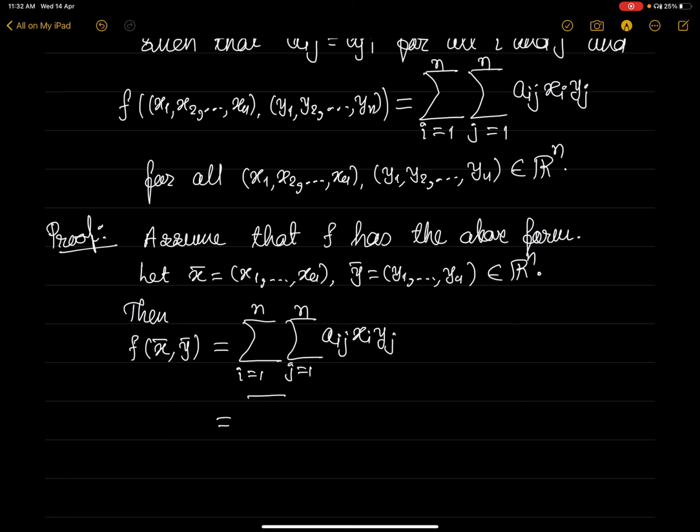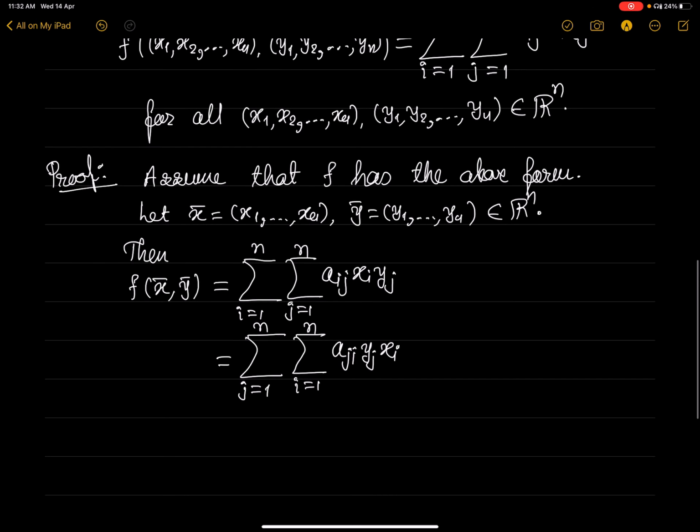So it is the same as summation j from 1 to n, summation i from 1 to n, in place of aij now we are writing aji, and we may write in this form yj xi, and that is the same as f of y bar, x bar. Means we have shown that f is symmetric.